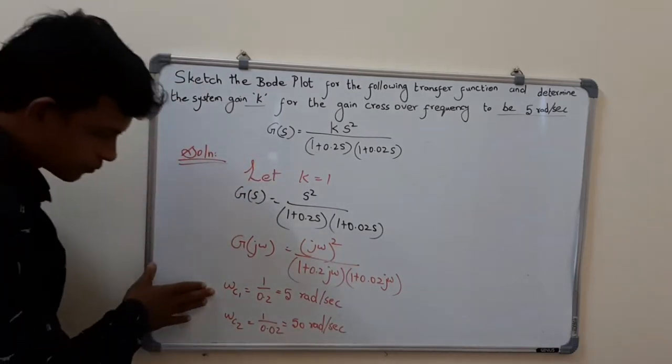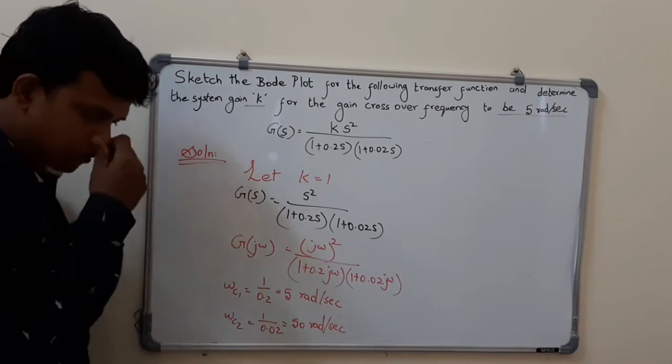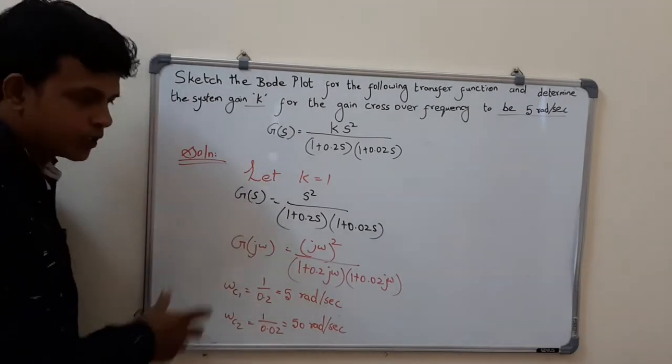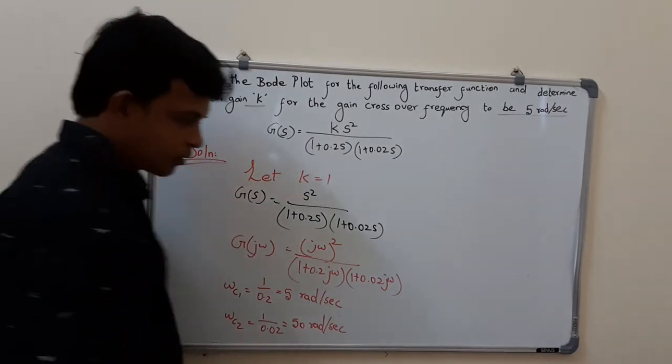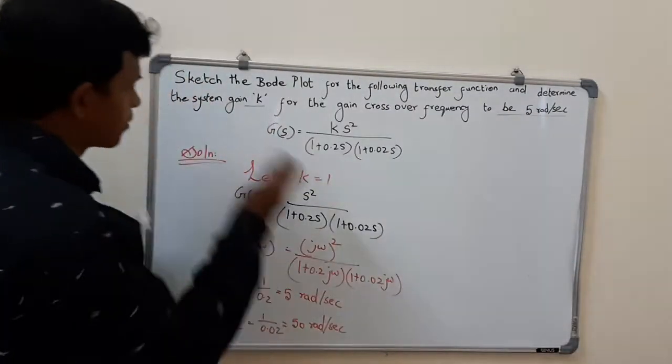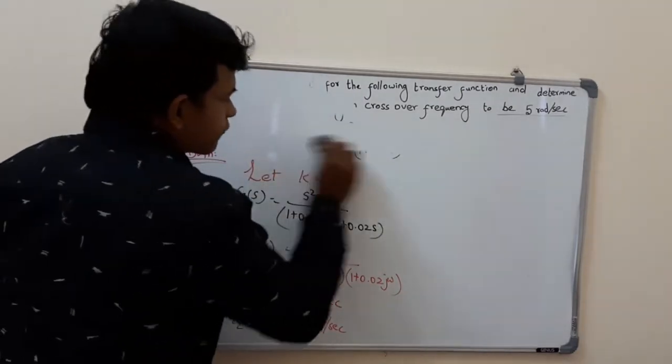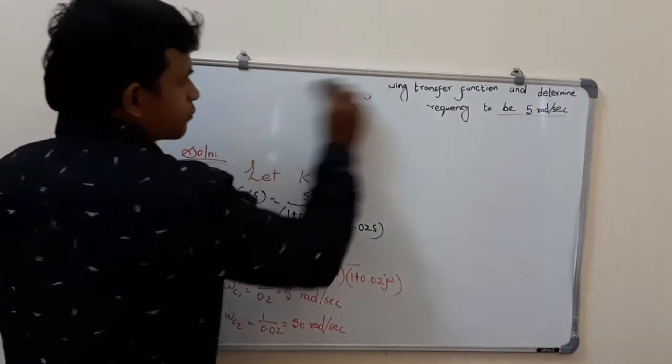So we have found two corner frequencies that are associated with this transfer function. Next we have to find the lowest frequency and the highest frequency.